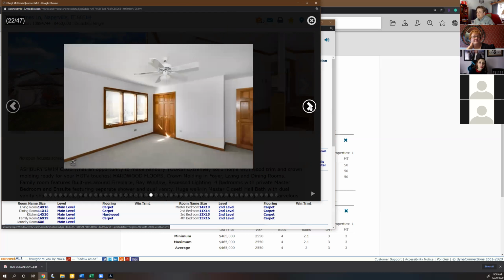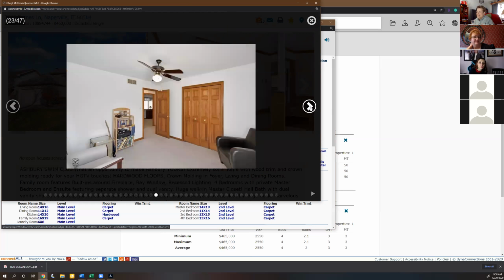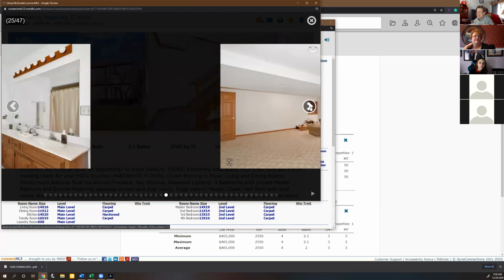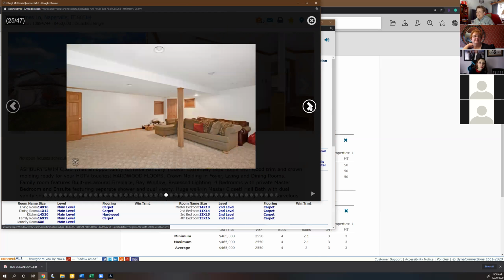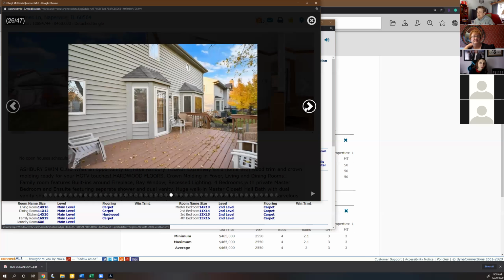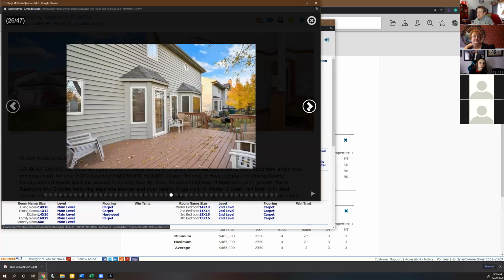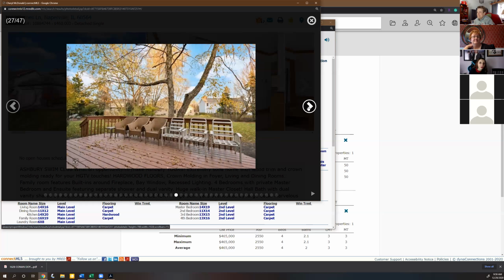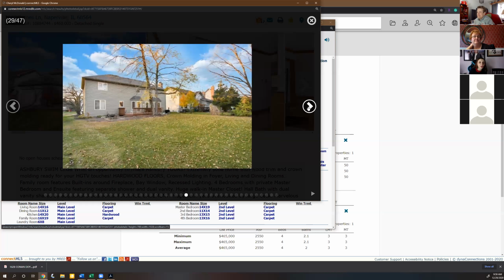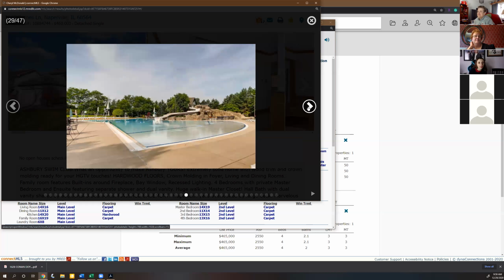They're just trying to show you how much crap they can fit in that closet. It's watermarked too, that's the weird thing. Oh, there it is right there. They don't want you to steal their cell phone photos. Ah, there's the pool.